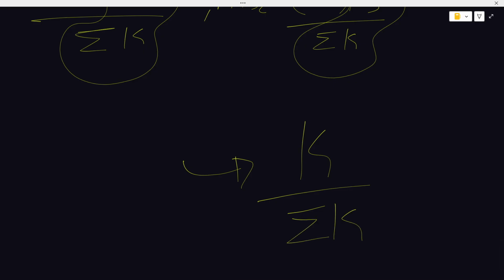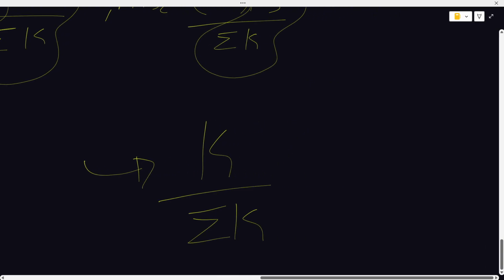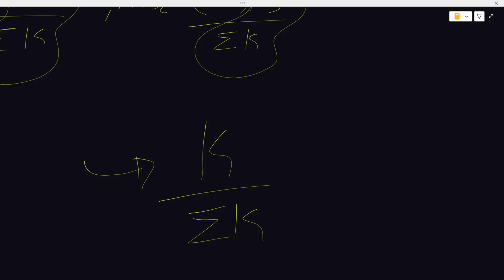It is the factor that tells you how much of the moment applied on a joint would be converted to the member end moment, that is, the member attached to that joint.